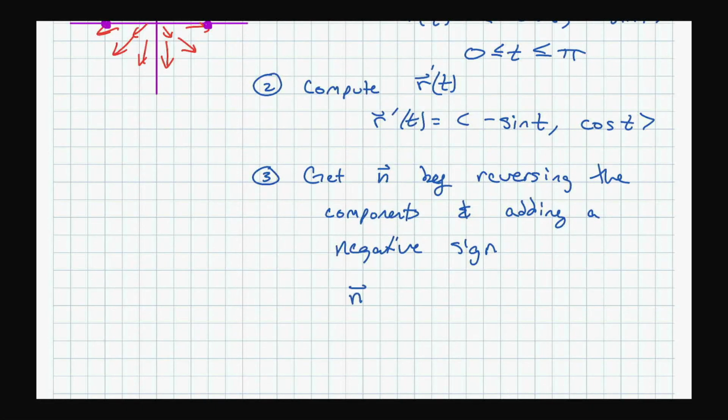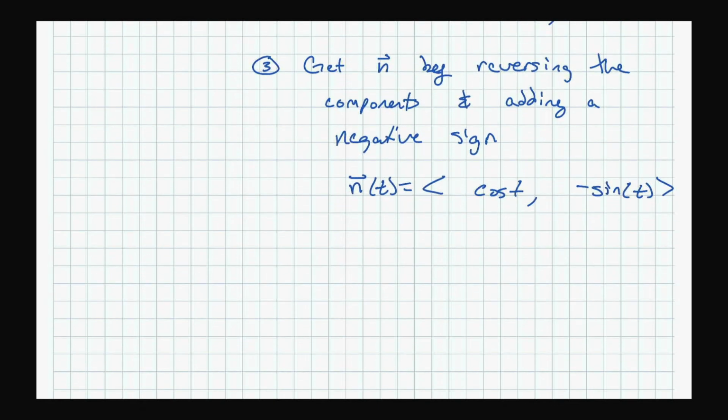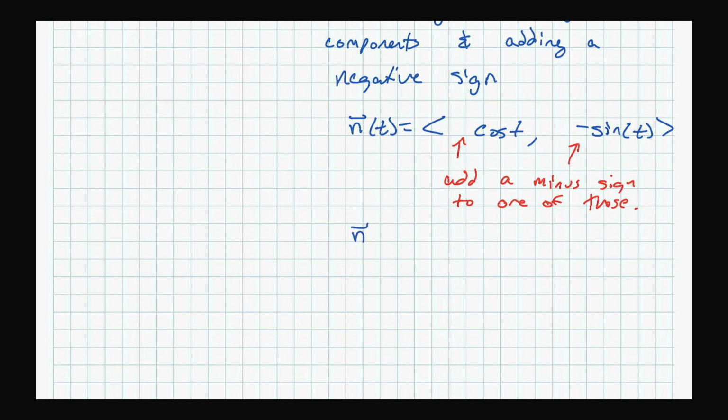So our normal vector, if we switch the components on r prime, has the cosine first and the sine second, and we need to add a minus sign to one of these. The one we should do is actually the second one.